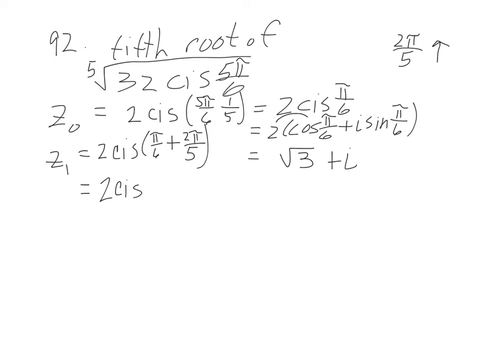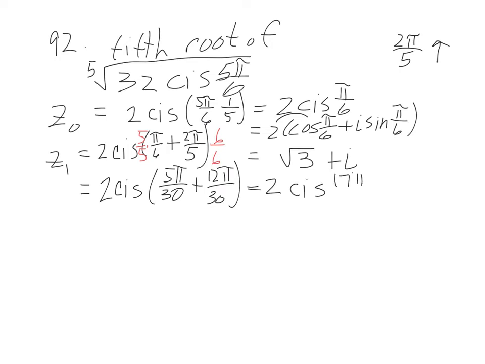In order to do that, I'm going to multiply this by 5 over 5, and this one by 6 over 6. When I multiply by 5 over 5, I get 5 pi over 30 plus 12 pi over 30, which then results in 2 cis 17 pi over 30.